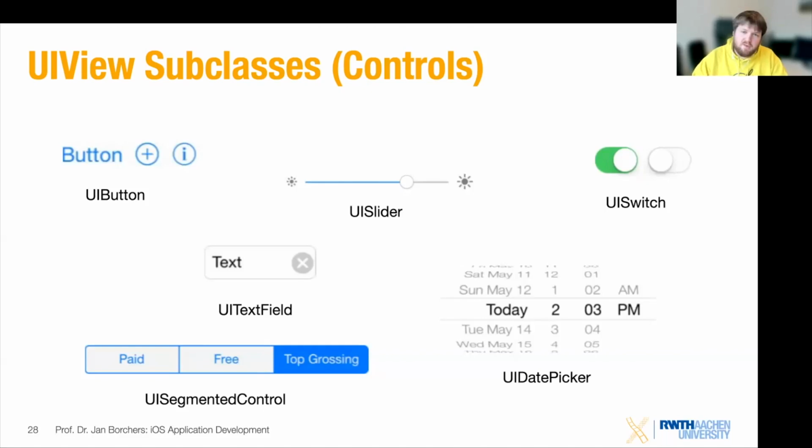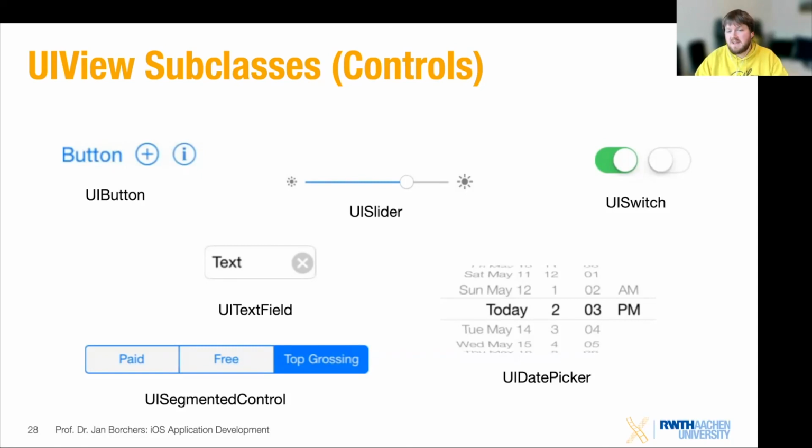It's not used by the default apps from Apple anymore, but you can still use this visualization where the user is scrolling through the different dates and setting different times. So these controls already give you a very good set to start from if you want to allow the user to interact with your app.